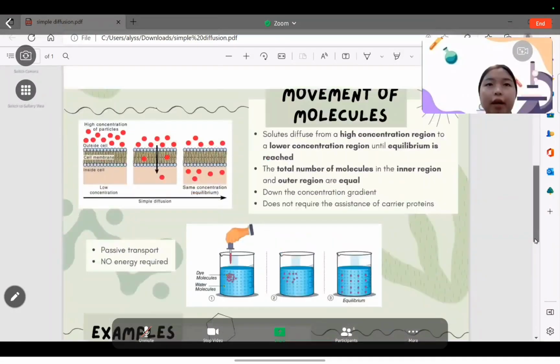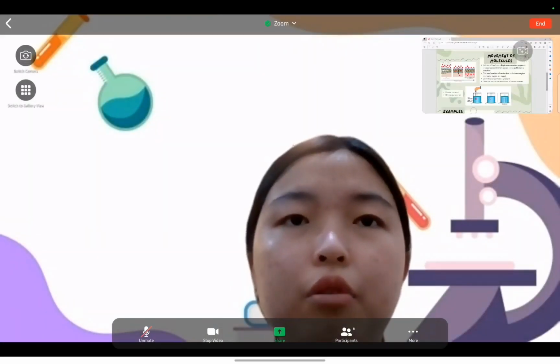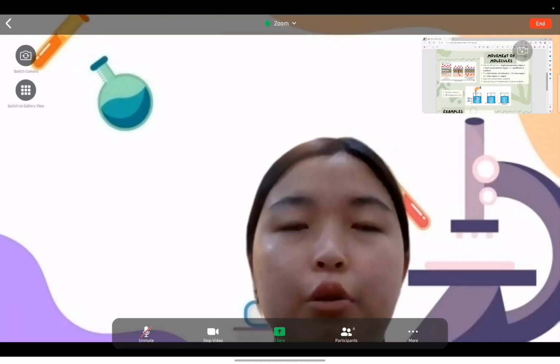Okay, so now I will be explaining the details of the movement of molecules when they undergo the process of simple diffusion. From the picture, it shows that the solute will be diffused from a high concentration region to a lower concentration region until the equilibrium is achieved. And the equilibrium is achieved means that the total number of the molecules in the inner region and the outer regions are equal.